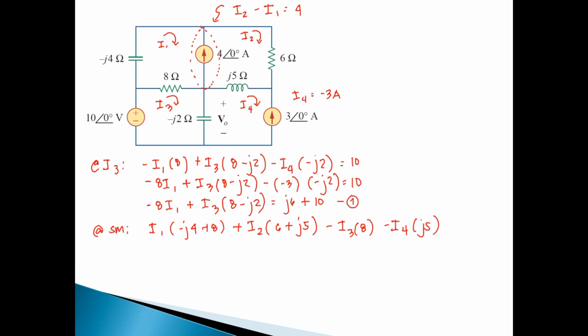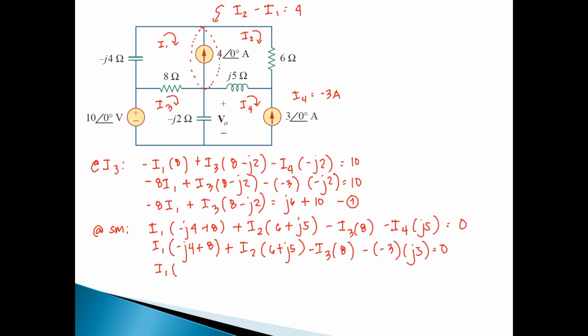And then we don't have a voltage source, so equal to 0. We have I1 times negative j4 plus 8 plus I2 times 6 plus j5, minus I3 times 8, and then I4 is negative 3, so times j5 equal to 0.